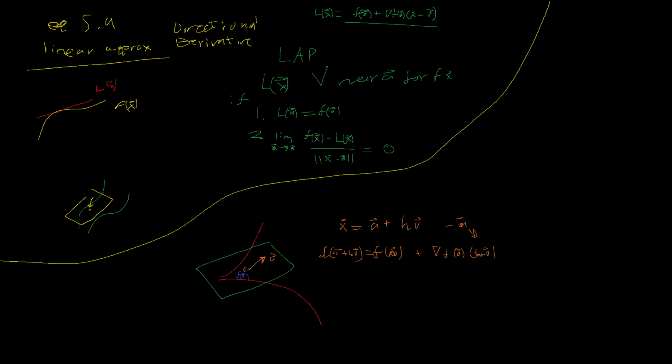And then what we can do is we can rearrange this and then solve for u, or at least, because this is a dot product, we can distribute this h outside, so we end up with this: L a plus hu minus f of a over h is equal to the dot product between the gradient at a with u, vector u.